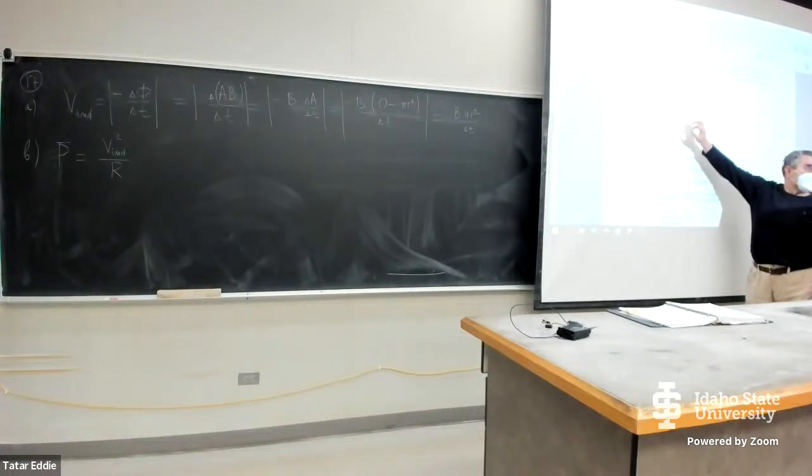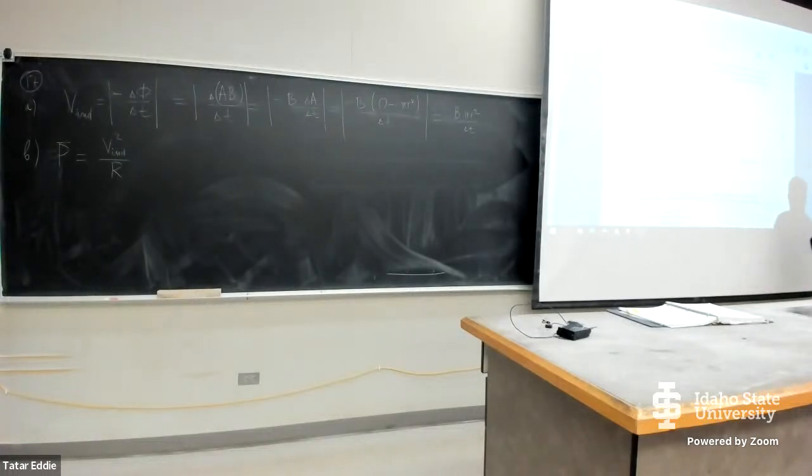Can you just explain that one more time? Yeah. So Lenz's rule says that you have to induce current in such a direction that the magnetic field of that induced current tries to prevent the change of magnetic flux.